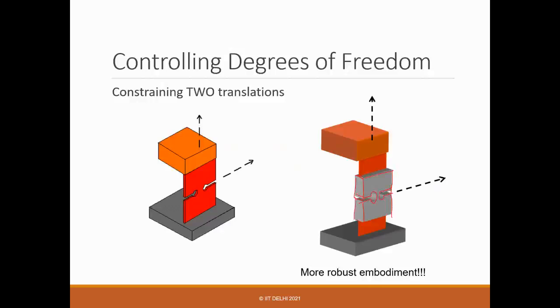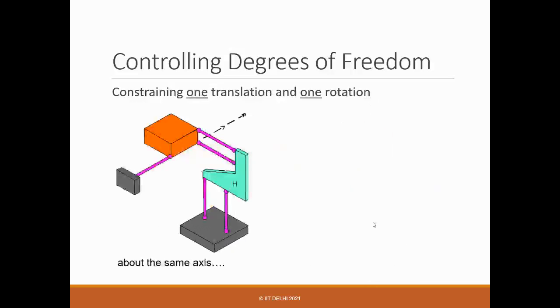And just by doing this, you don't compromise the degrees of freedom, but you can still increase the load bearing capacity considerably. This robust embodiment or reinforcement we will discuss later when we cover the flexure section, and how it is useful.